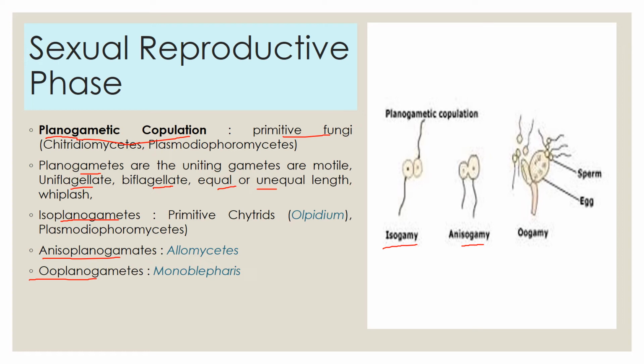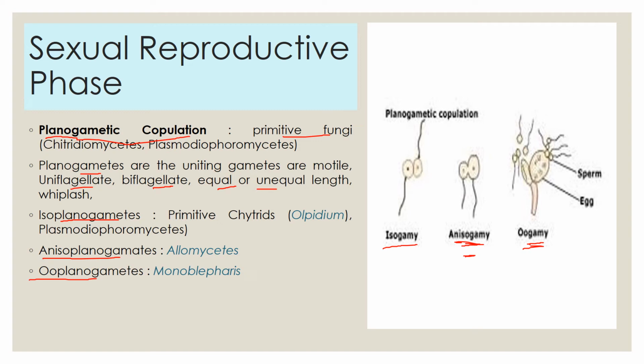And if the gametes look totally dissimilar. Here in anisogamy, they look similar but are of different size, so it is called anisogamy. But in oogamy, the gametes are totally dissimilar, both physically as well as chemically.